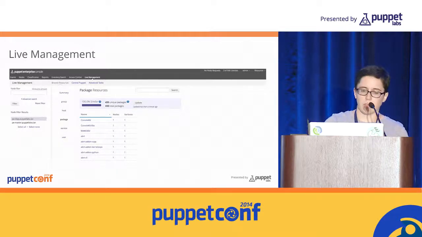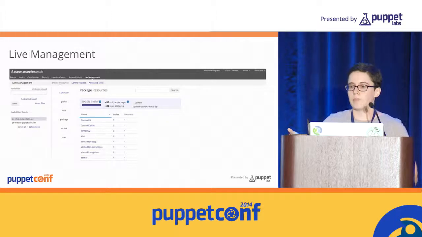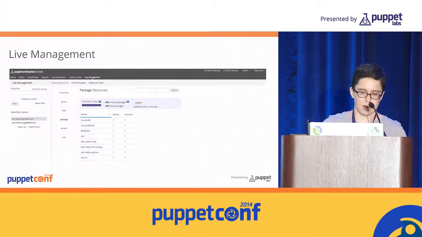And I can take a look, for example, at all of the packages on its system. And this is just the packages not only that Puppet manages, but all packages that it has right now. So this is updated less than a minute ago when I took the screenshot.